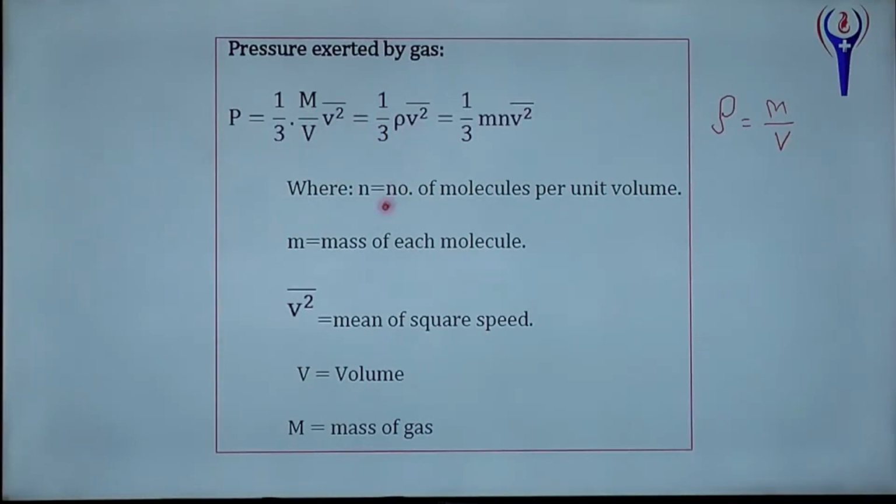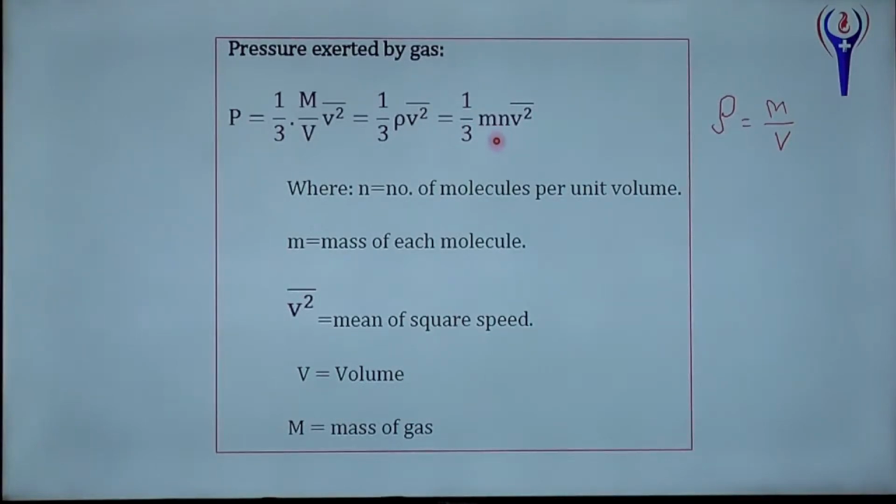Here v bar square is the mean square value of the velocity or speed. And we can write this rho as m into n, so P equal to 1 by 3 m n v bar square. What is m?